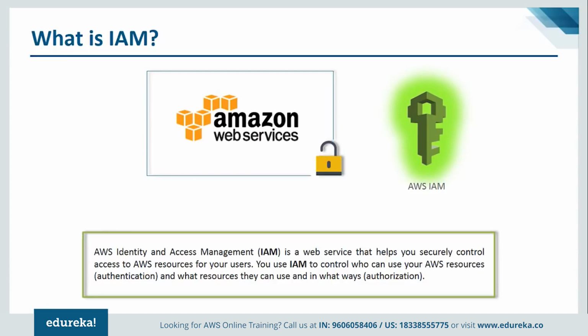So in any company, you don't have to have 2 or 3 AWS accounts. You can have one AWS account on which a number of people can work, right? For example, you can define that maybe a developer would like to work on your AWS account, and he should only work on the EC2 instances.